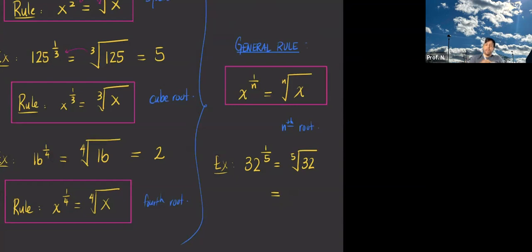What number, when you multiply it by itself 5 times, gives me 32? It's a small number. It's a single digit. 2. That is right, guys. 2. So the fifth root of 32 is 2.